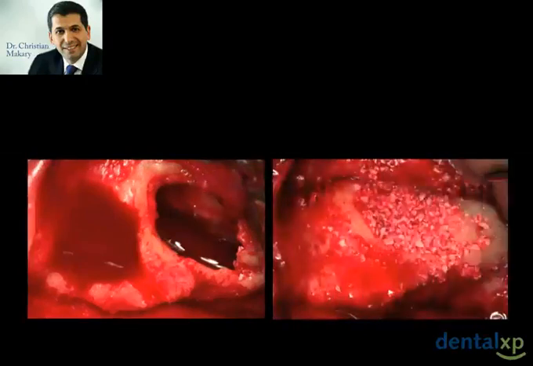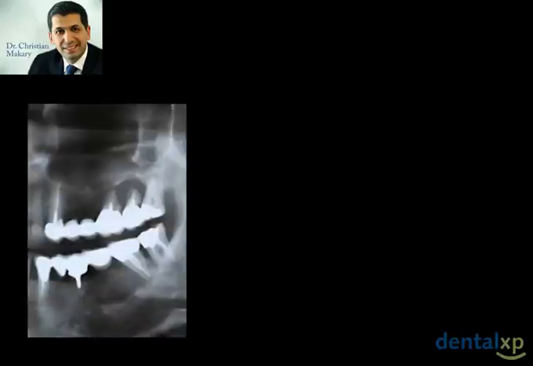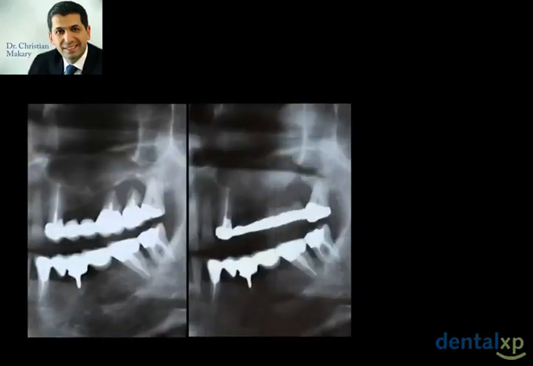So we did the grafting procedure into the sinus, and this was the radiograph before, this was the radiograph just after the surgery, and the patient had a temporary bridge over his residual teeth.